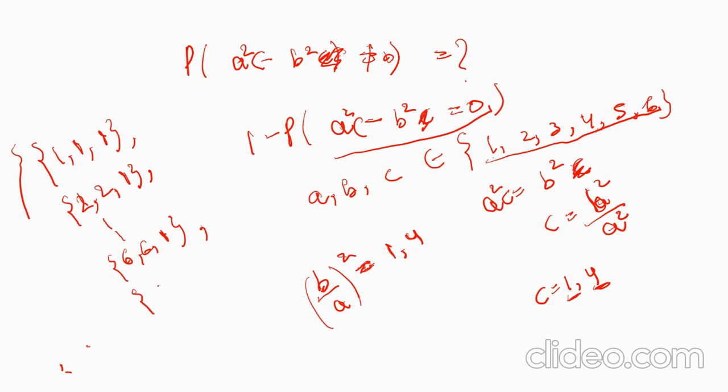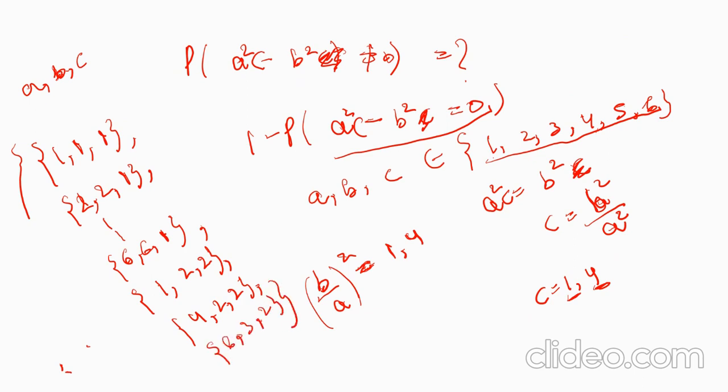So if I write it in the form A, B, C, it will be 1, comma 2, comma 2, 4, comma 2, comma 2, and then 6, comma 3, comma 2. So this is the entire set for which the solutions will be trivial.